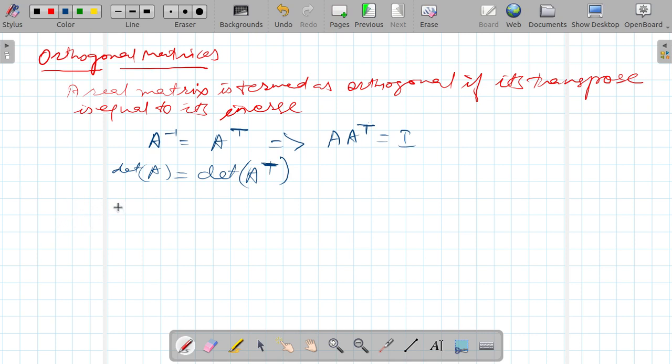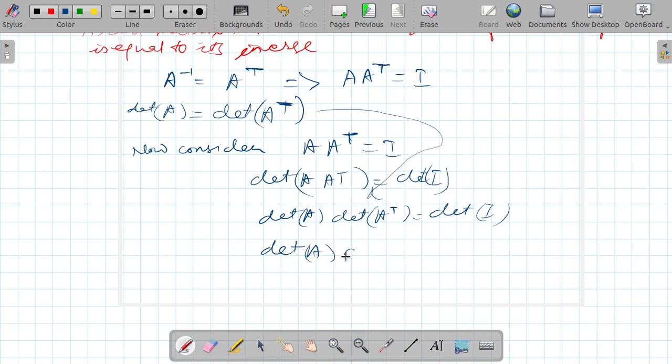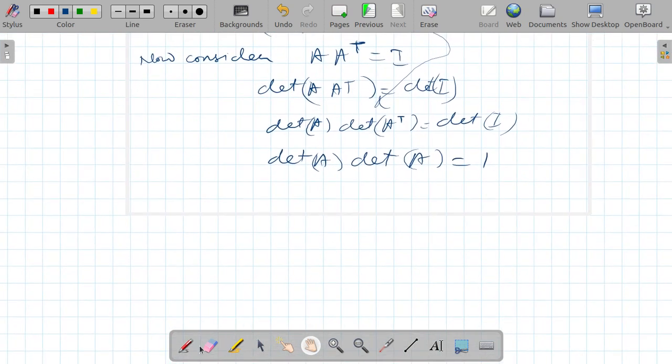Now consider the equation A A transpose is equal to I, and taking determinant on both sides, so determinant of A times determinant of A transpose is equal to determinant of I. Using the property that determinant of A transpose equals determinant of A, it becomes determinant of A squared, and the determinant of the identity matrix is 1.